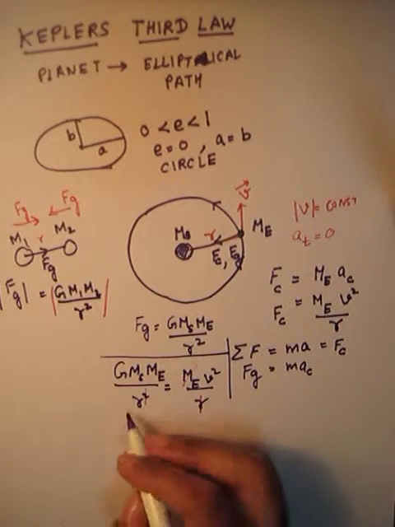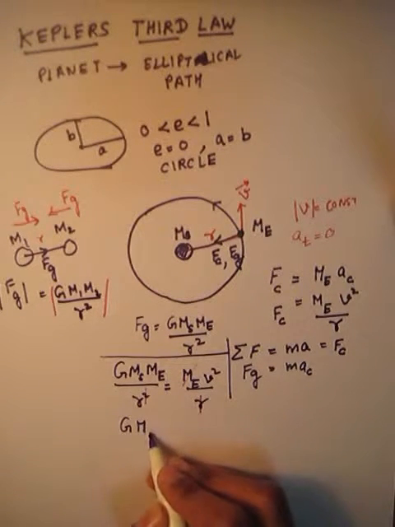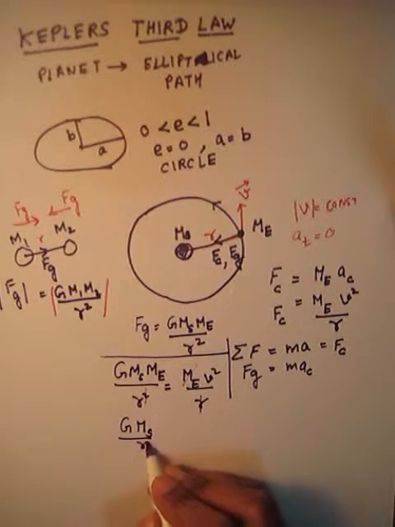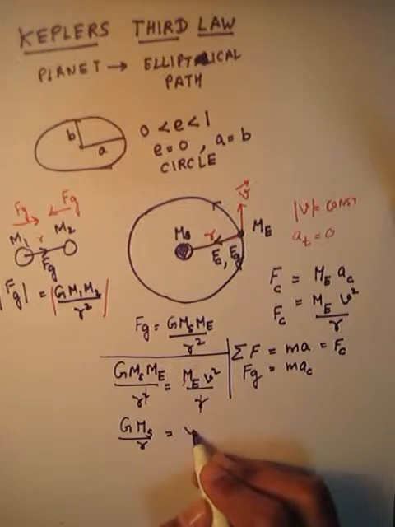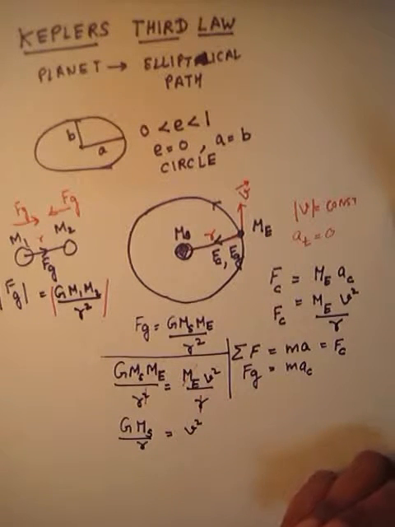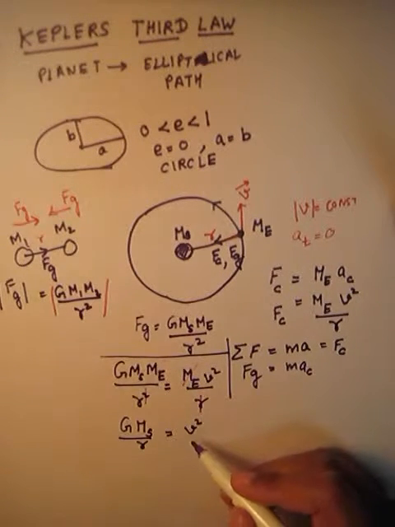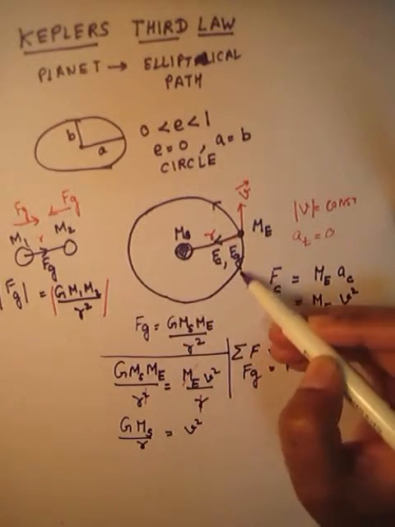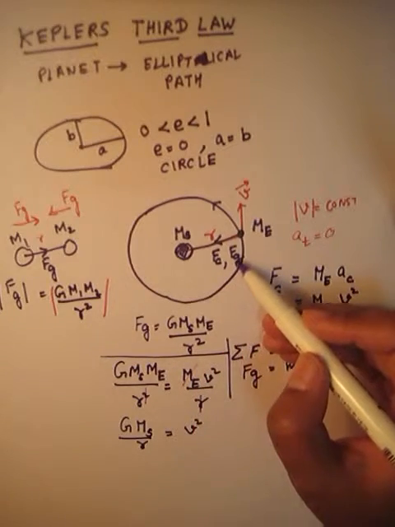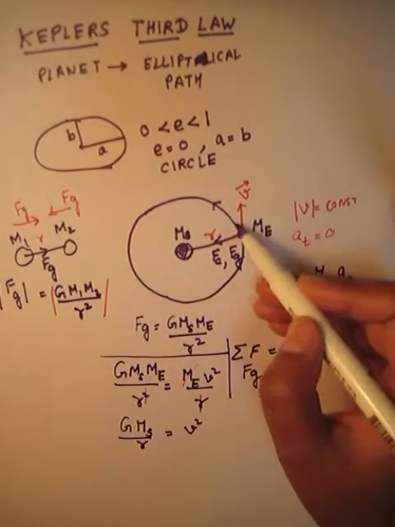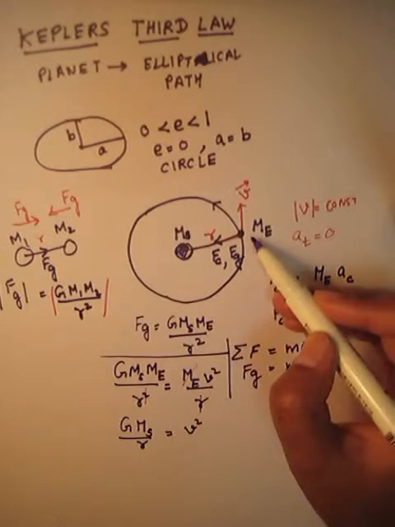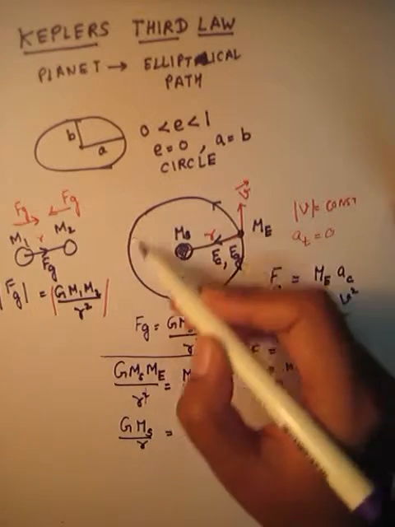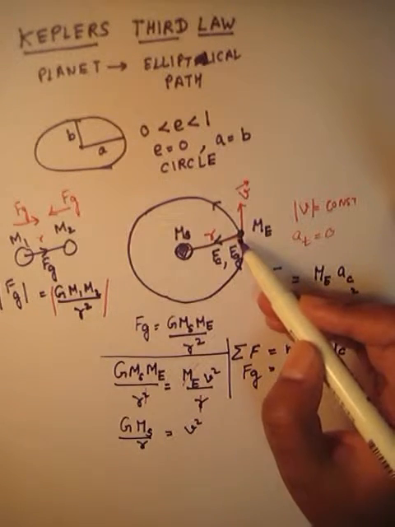So what we get from here is G M_S upon R will be equal to V squared. Now when we're talking about this velocity, this is the velocity to go through this entire distance which Earth will travel in a particular amount of time.